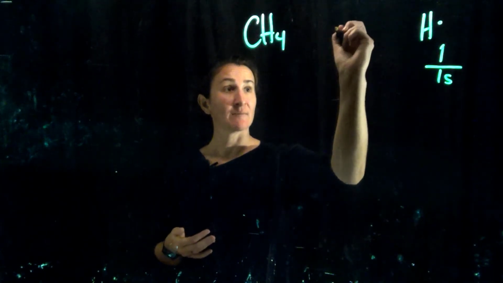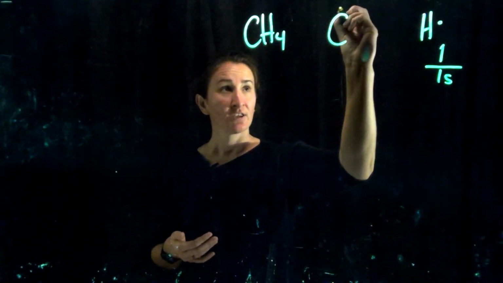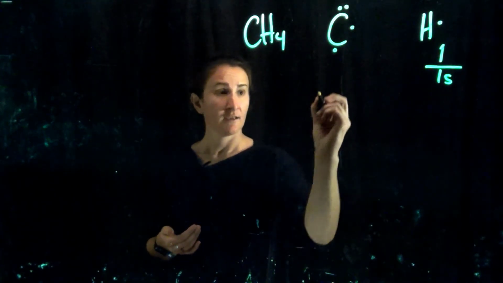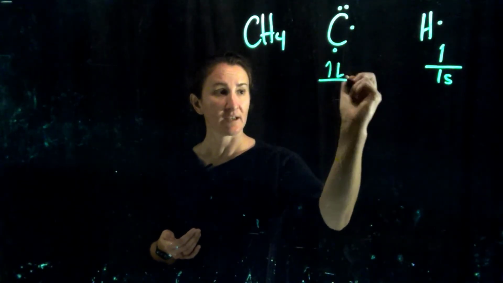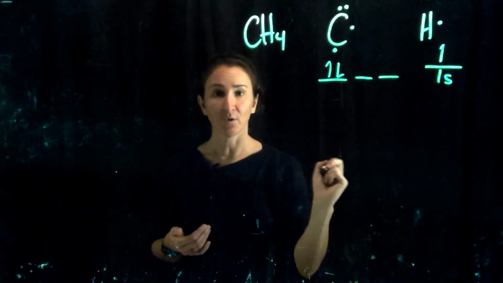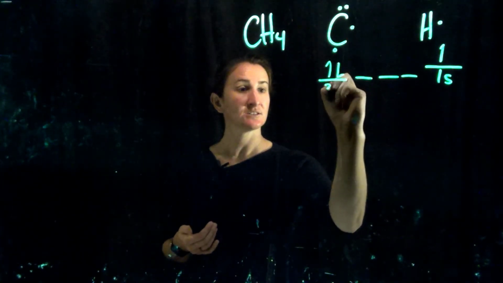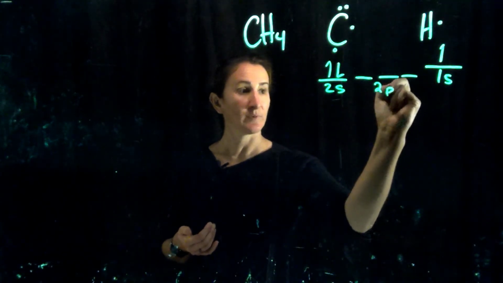Similarly, we could draw the same type of thing for carbon. You had 4 valence electrons on our carbon. So you've got 1s had 2 in it, and then 3, 4. But these are all your p's, right? So this is 2s and 2p.